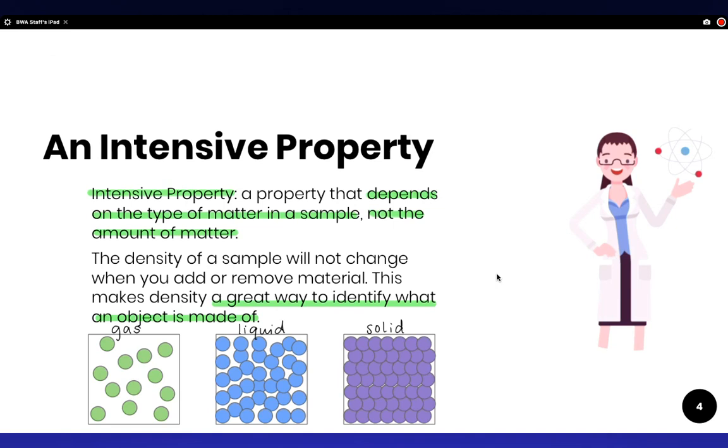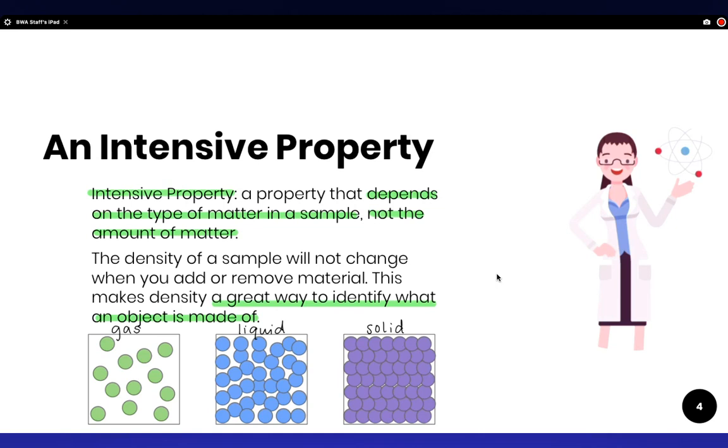Just looking at these images, you can see that the properties of the atoms determine how much empty space is in the material. So solids will pack much more densely, and some solids pack denser than others. Some solids are made out of heavier atoms than others. So all of these things combine to make the density of that material.